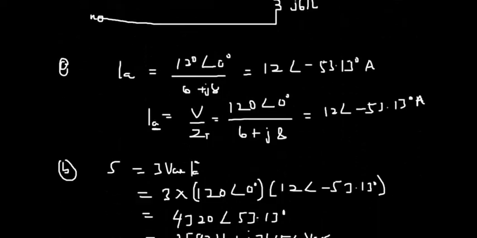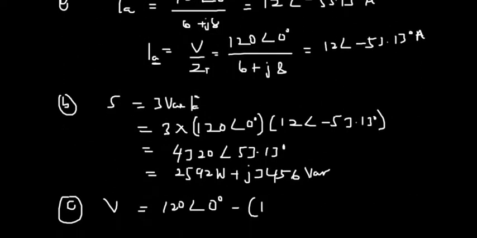That's the magnitude. So we have 1 plus j2, and then we have S, 12 with an angle of minus 53.13 degrees. So that's our total magnitude at the terminal.